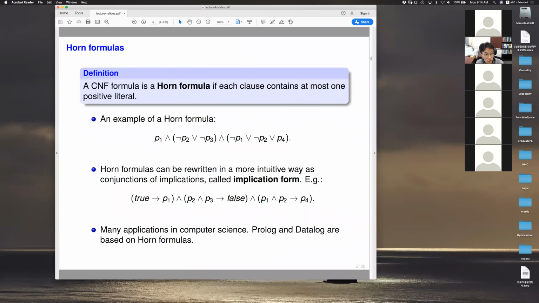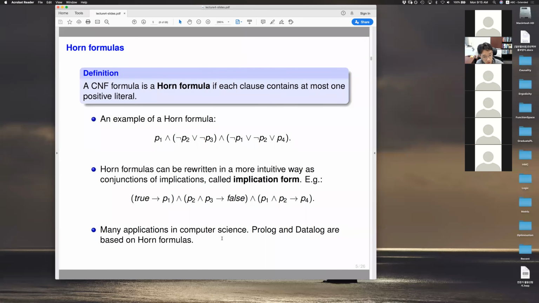Okay. So this Horn formula has many applications in computer science. And as I said, especially Prolog and Datalog are based on Horn formula. Prolog maybe doesn't have a big impact, maybe or maybe not. But Datalog is much more prevalent in computer science.